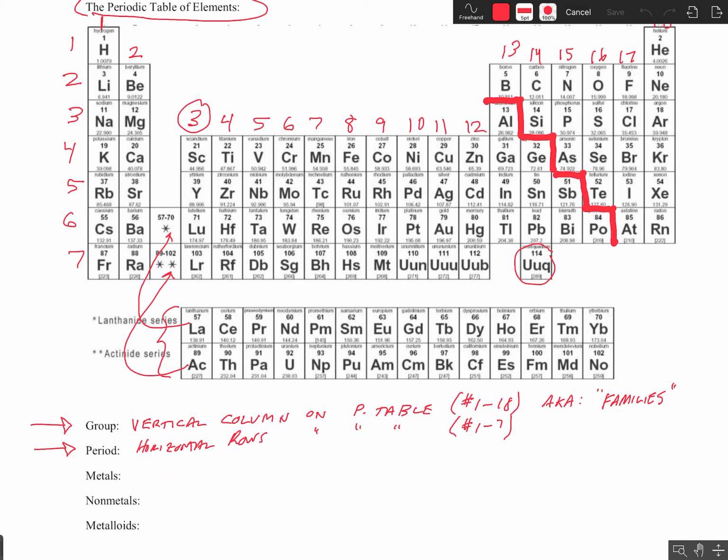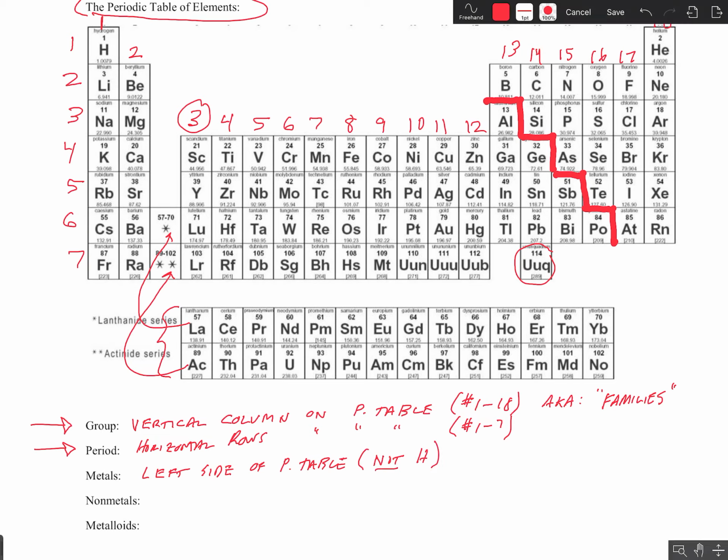All right, good. So, for metals, metals on the periodic table we're going to write are on the left side of the periodic table. Now when I say the left side, I'm talking about the left side of that line we just drew. And I'm going to put in parentheses, not hydrogen.